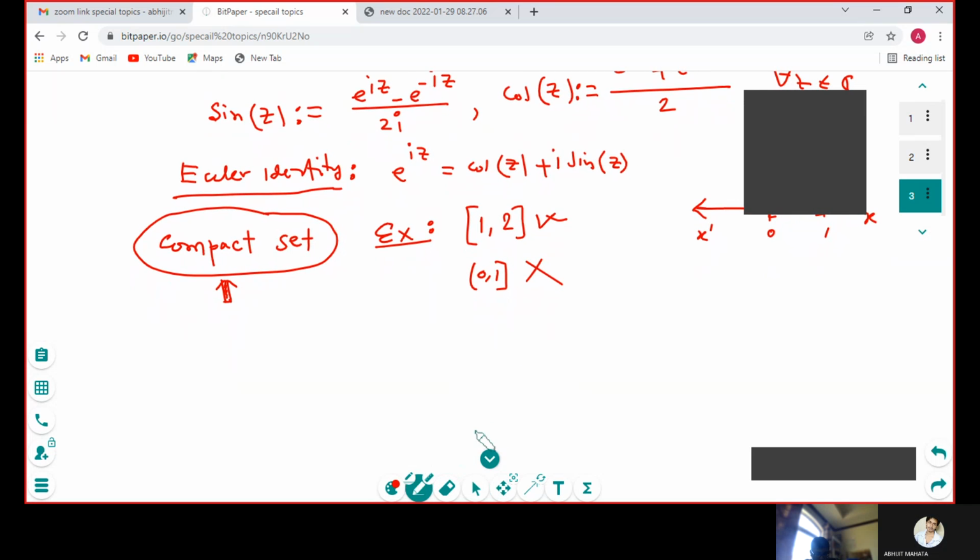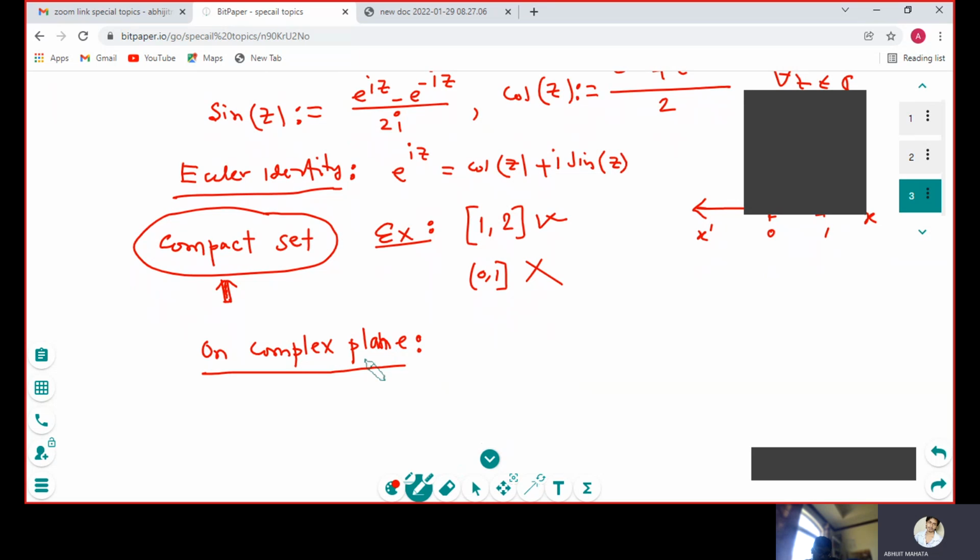Now, on the complex plane, what does a compact set look like? Compactness totally depends on the given metric space, or you can say topological space.